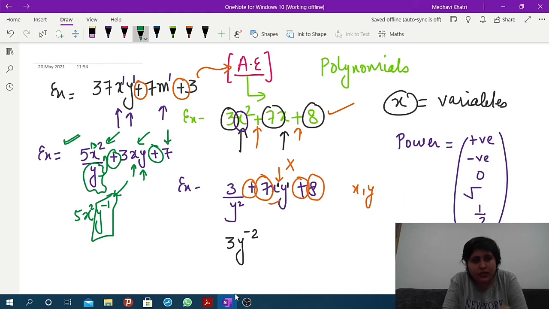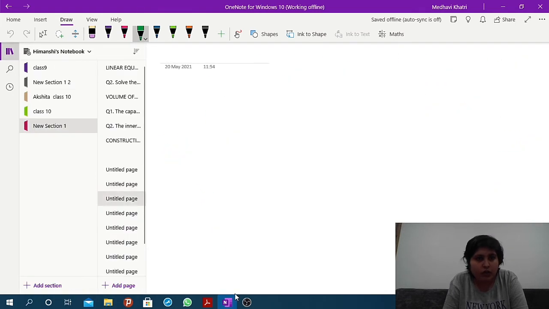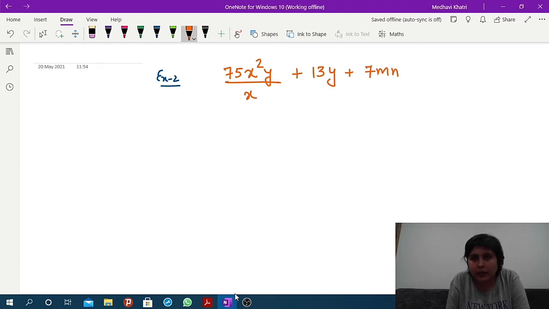Clear? Now let me give you one more example so that it will be more clear to you. Here is our example number 2. Let's suppose 75x square y upon x plus 13y plus 7mn plus 18xy upon y.